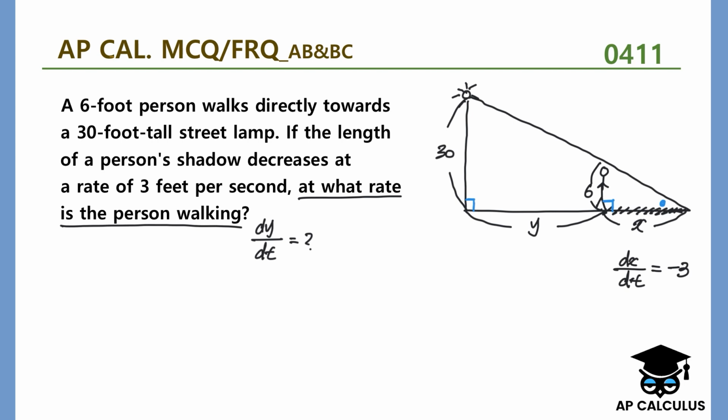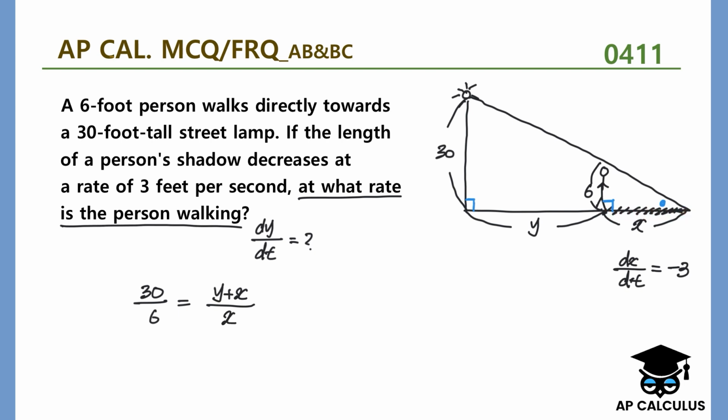Okay, the height of this big triangle, which is 30, over height of this small triangle, 6, is equal to base of this big triangle, which is y plus x, over base of this small triangle, which is x, right?